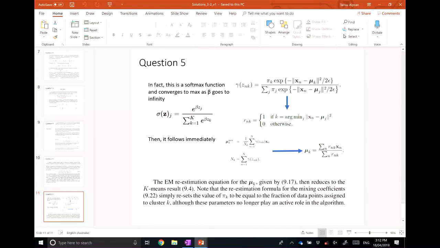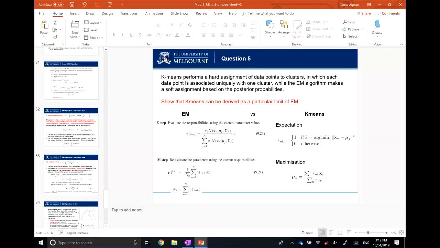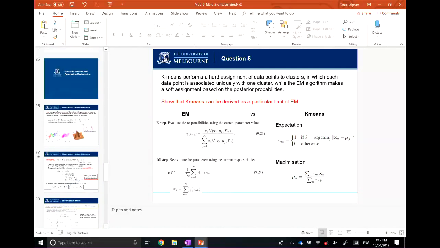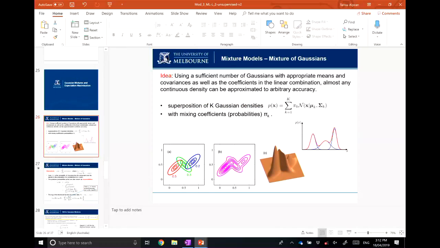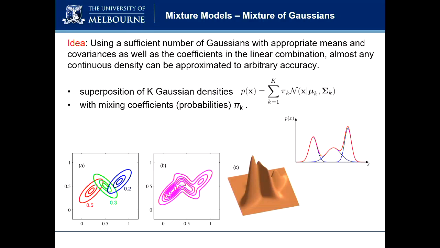Pictorially, these pictures are pretty nice to keep in mind. When we do the mixture analysis on the probabilities, we are taking the data points and representing them with these Gaussian blobs, so to say.